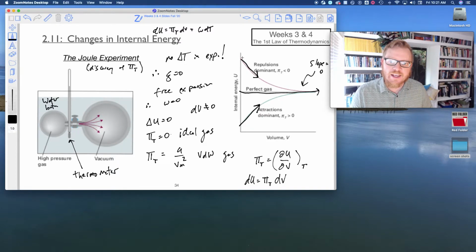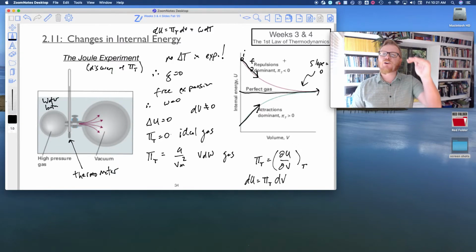So if we're starting here at this really small volume and we end here at a larger volume across this expansion, and as a result of expanding, the internal energy decreases, we know in that initial state, repulsions must have been dominating, because those repulsions have the effect of raising the internal energy of a gas.